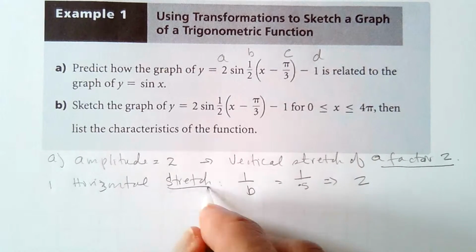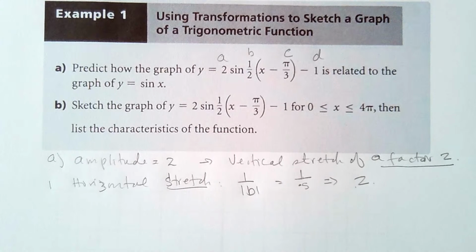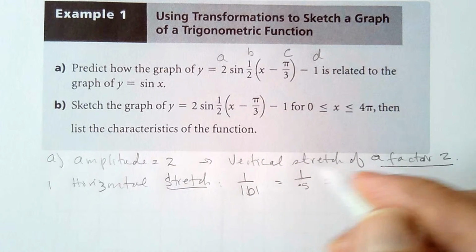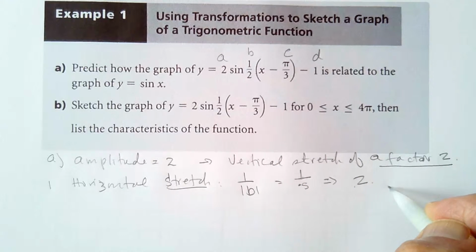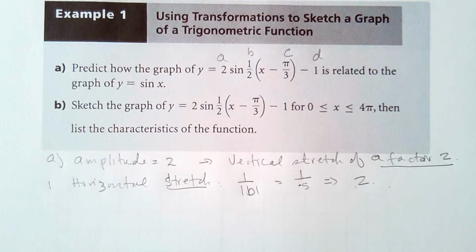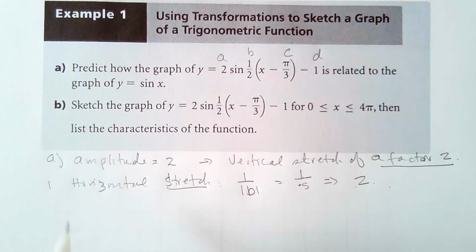So we have a horizontal stretch by a factor of 2, because it's always 1 over absolute value of b. In other words, this period, instead of being 2 pi, now it's double that. It's now 4 pi. So the period actually stretched out. We'll look at that in a minute.